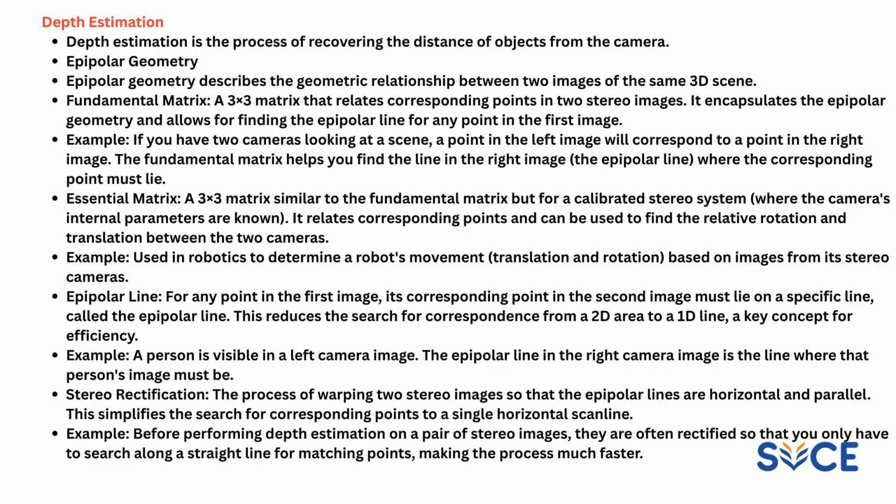Imagine holding one finger in front of your face and closing one eye at a time. Notice how your finger seems to shift against the background. That little shift, called the disparity, is the key. The bigger the shift, the closer the object is. The smaller the shift, the farther it is. That's the whole idea behind stereo depth estimation.